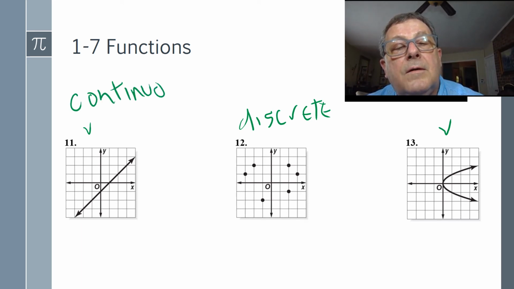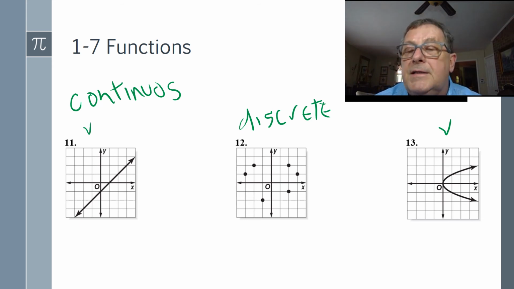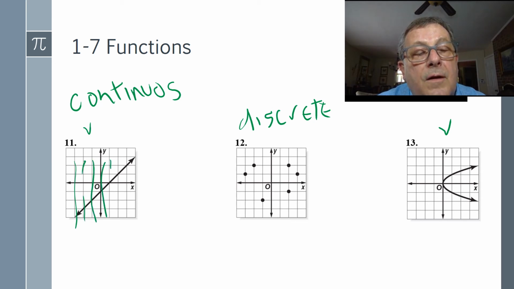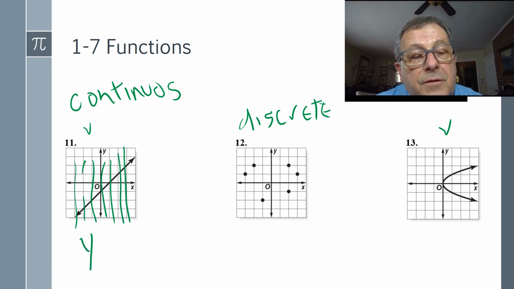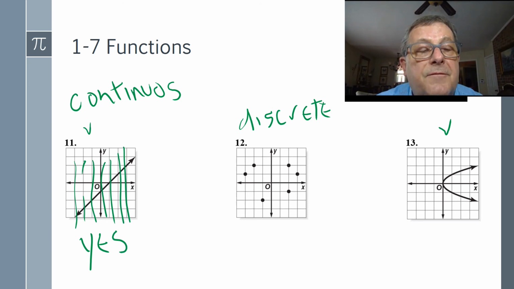So we've got a continuous graph and we have a discrete graph. Now, if I've got a continuous graph like this, or even a discrete one, and I draw vertical lines through the graph, and those vertical lines only cross that graph at one point, then it is a function. So this one is yes, it is a function. Even though my vertical lines are kind of crooked, it still would only cross that graph at one point.